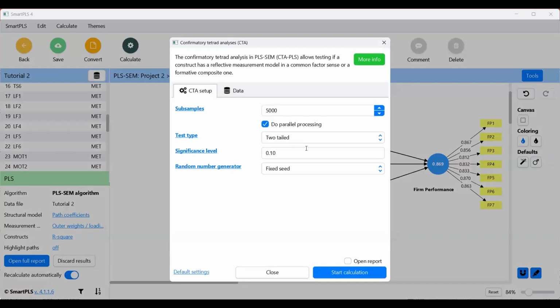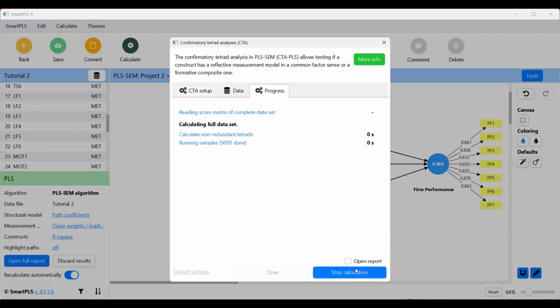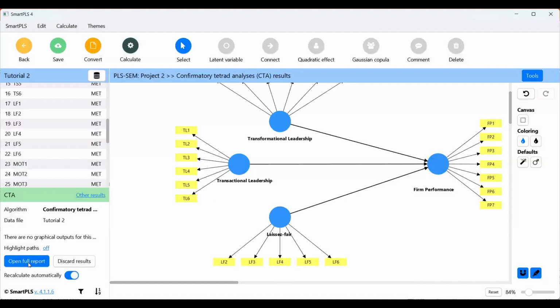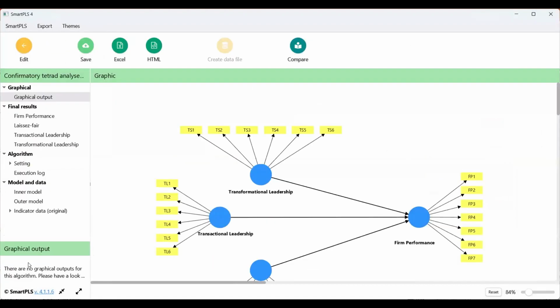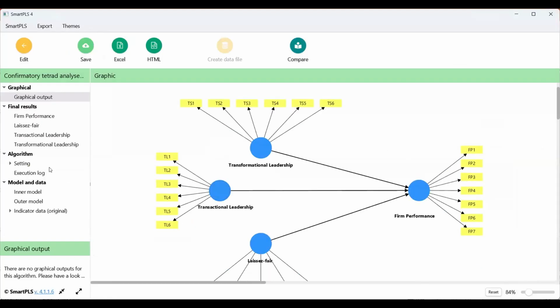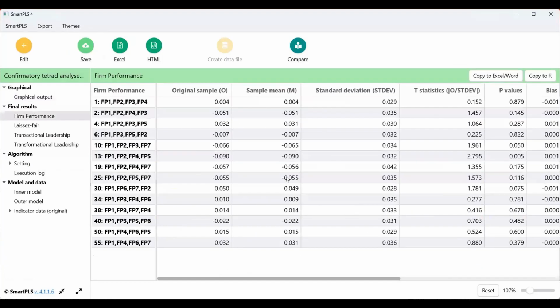You just go to calculate. I can change my significance level to 0.05, because in business normally if something is less than 0.05, it is significant. So let me calculate. Now I have my report.